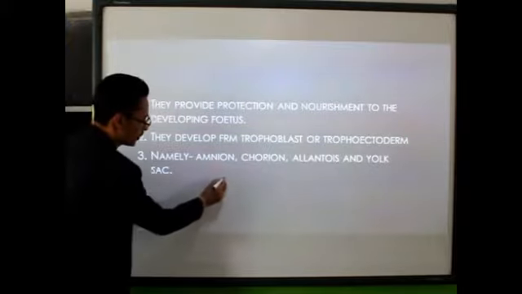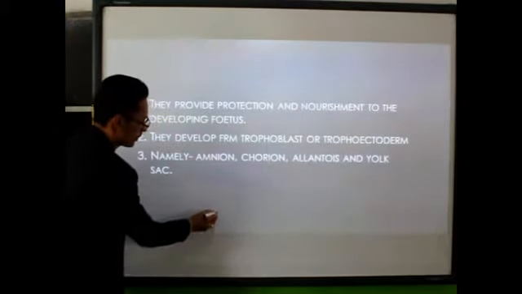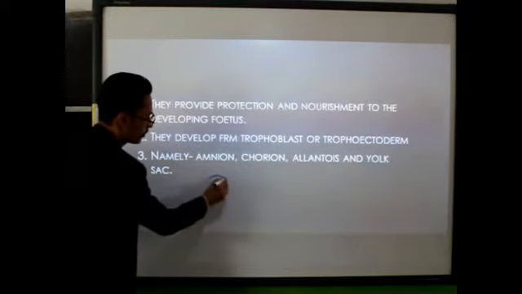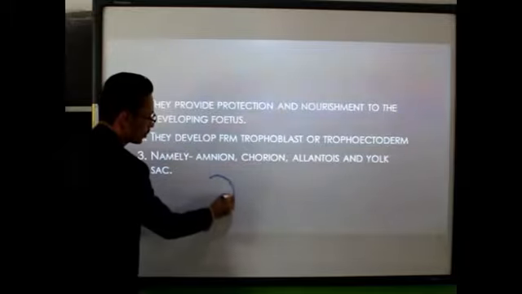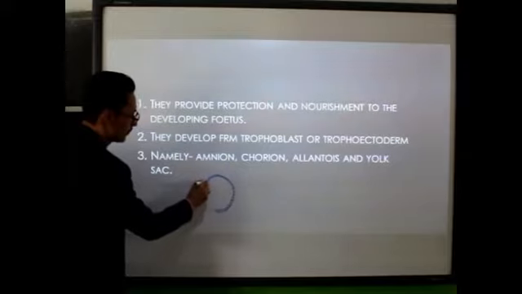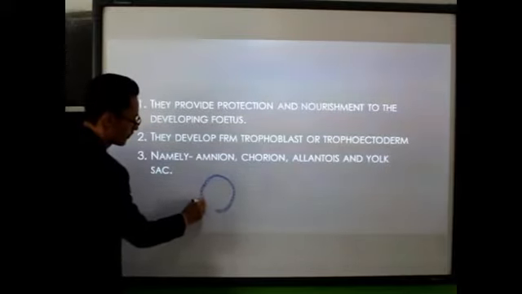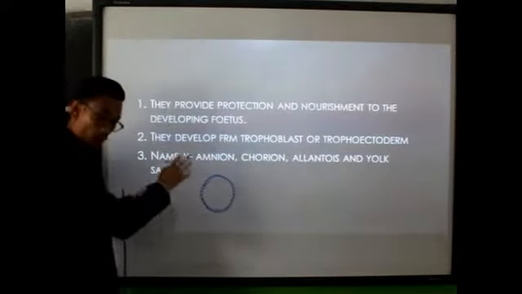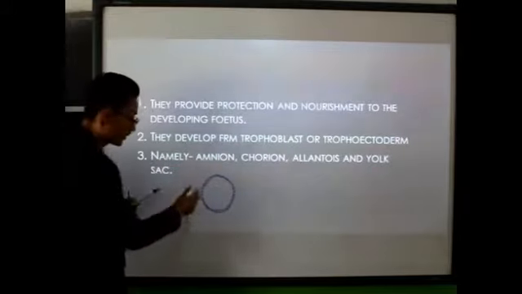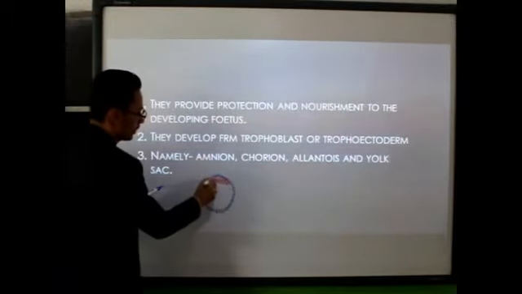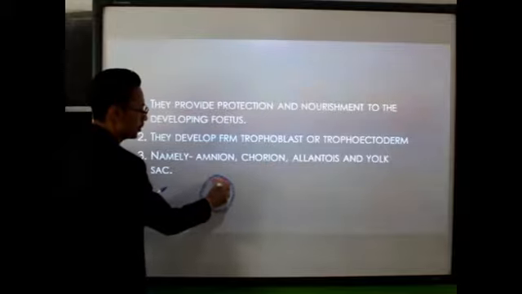If we draw the structure of the blastocyst, this outer cell layer is known as the trophoblast or trophectoderm. Then on the inner side, you find the embryonal axis, where you find the cells known as the inner cell mass. The cells of the inner cell mass will give rise to the embryo.